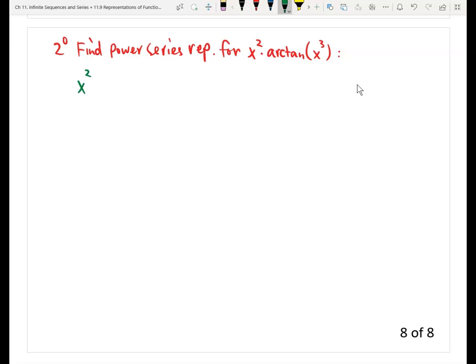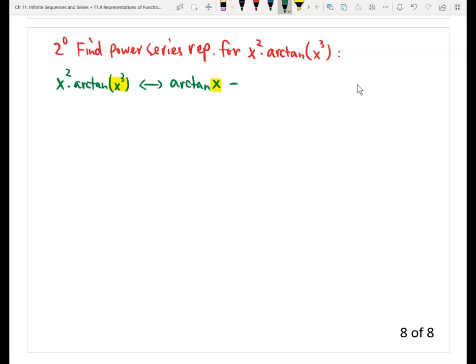Our function is x squared times arctangent of x raised to the third power. We can link it to arctangent x, because if we do a substitution, we can link them together.